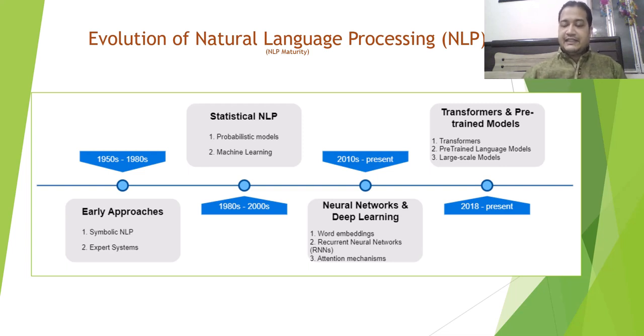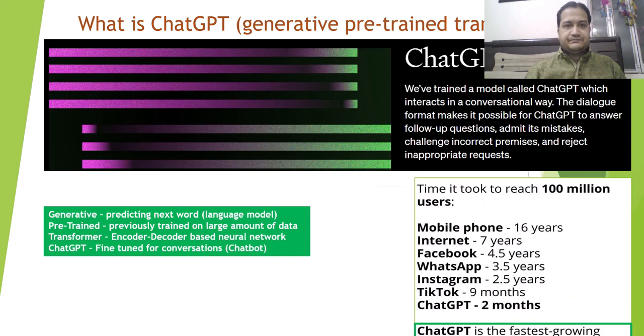Then it moves to the 1980s to 2000s, which we call statistical NLP, where machine learning got introduced. From 2000 to present, and especially 2018 to present, the scenario has changed in the NLP world, where we have the transformer model, pre-trained language models, and LLMs, large scale models. These are the basic models on which ChatGPT and generative AI are dependent.